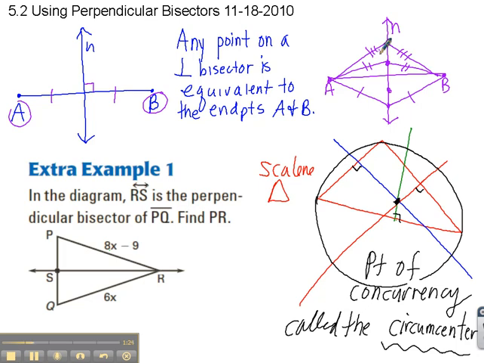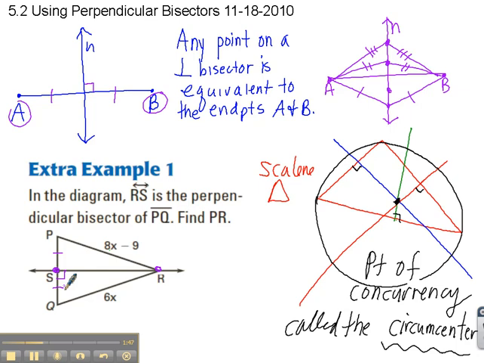In the diagram, RS is the perpendicular bisector of PQ. So we know that RS is perpendicular to PQ. We know that these sides of the triangle are going to be congruent because it's a perpendicular bisector.